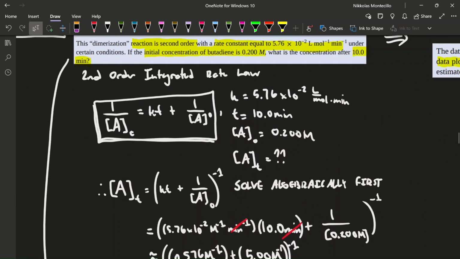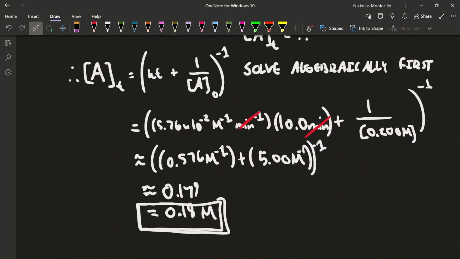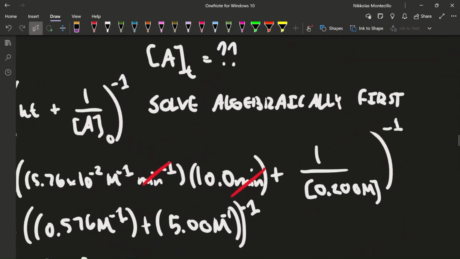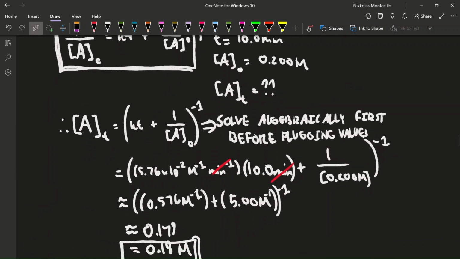Okay? You can just confirm my work on this later if you need to, but I believe that this is the correct answer. Remember, a key idea here is that whenever we're solving for a given variable, we want to solve algebraically first before plugging values. I apologize for cutting out there.